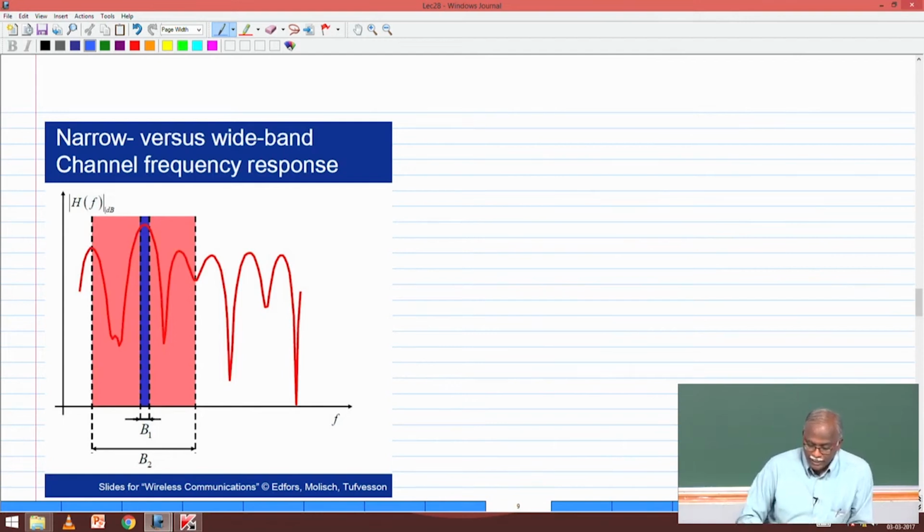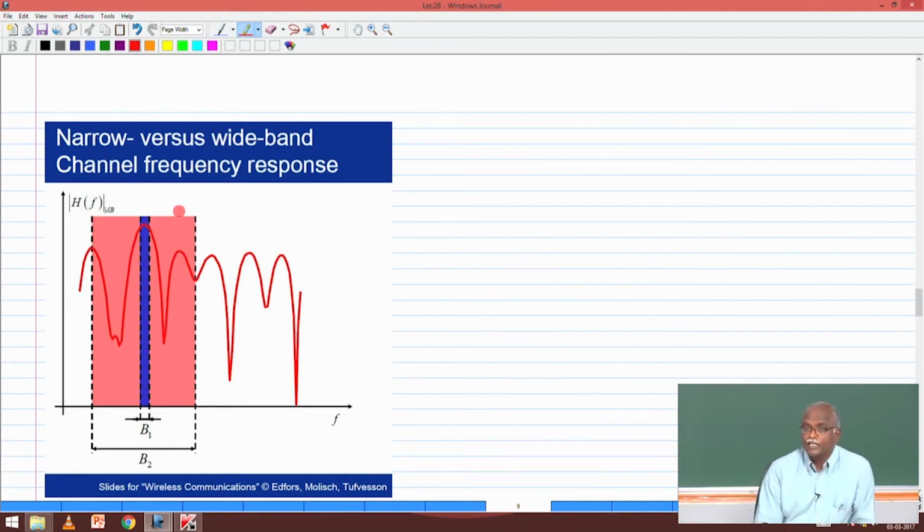Now, by the same token, let's look at a narrowband versus wideband characterization. The red line is the response of the channel, your actual response based on the multipath present in the channel. If my signal bandwidth was the blue one, we said that this would be a narrowband signal because the channel would look almost constant over that bandwidth.